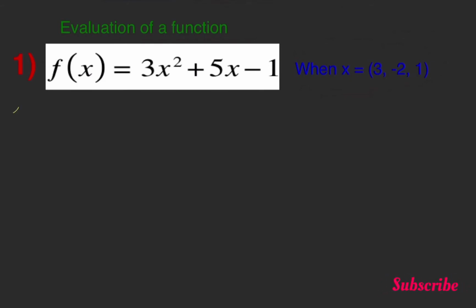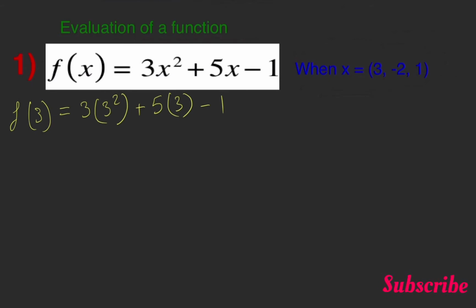So we have f of 3 is equal to 3 times 3 squared plus 5 times 3 minus 1. You see what we did? Where we have x, we plug in the number that we are working with. We are going to evaluate f of x.